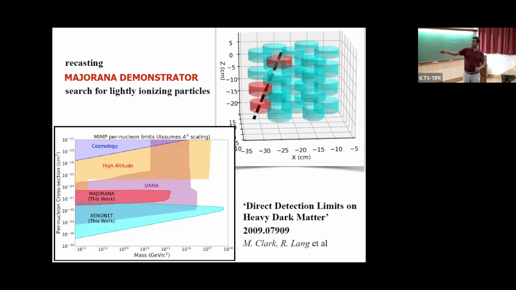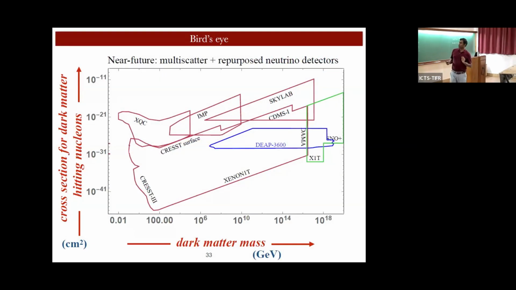So they use that to set a limit in the dark matter cross-section versus mass space, and this is the limit that they set. Okay, so this has already been demonstrated: you could use some sort of neutrino facility to look for dark matter from the halo. Okay, so here is a summarizing plot of the first half of the talk. Here's again a bird's eye view with all the orders of magnitude in cross-section and mass.